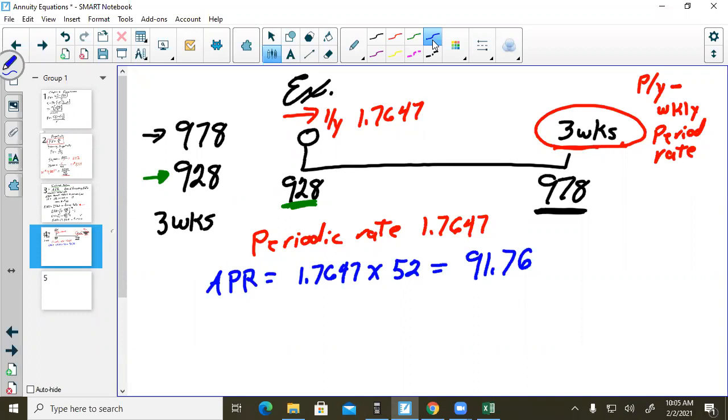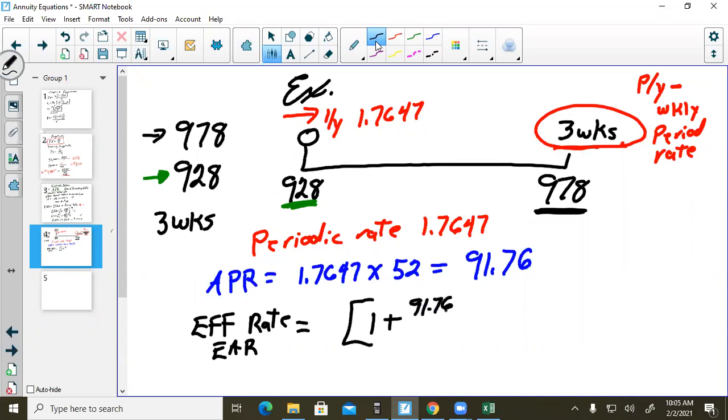Now, if that's the annual rate, let's convert that to our effective rate, or the EAR here. Quite honestly, we could do it using our equation, 1 plus 91.76 over 52, to the 52, minus 1.